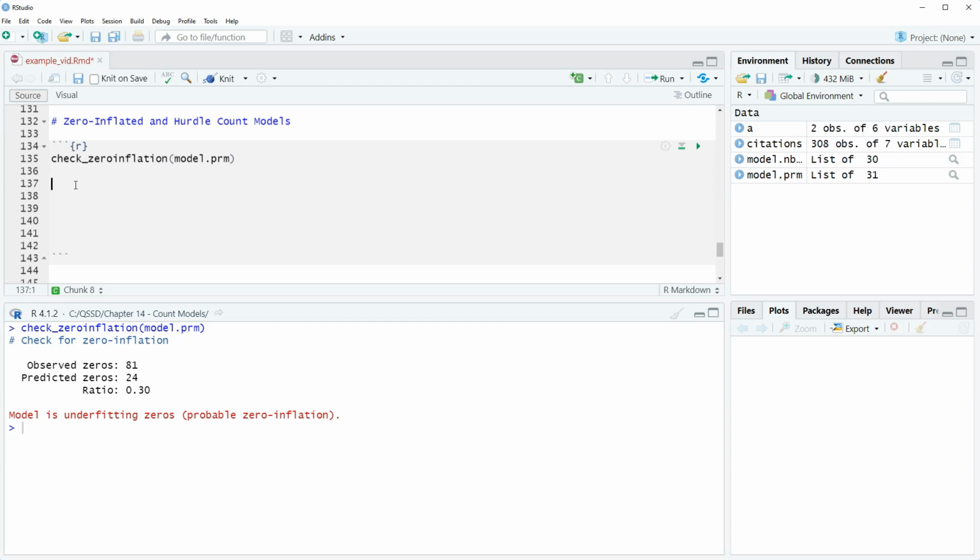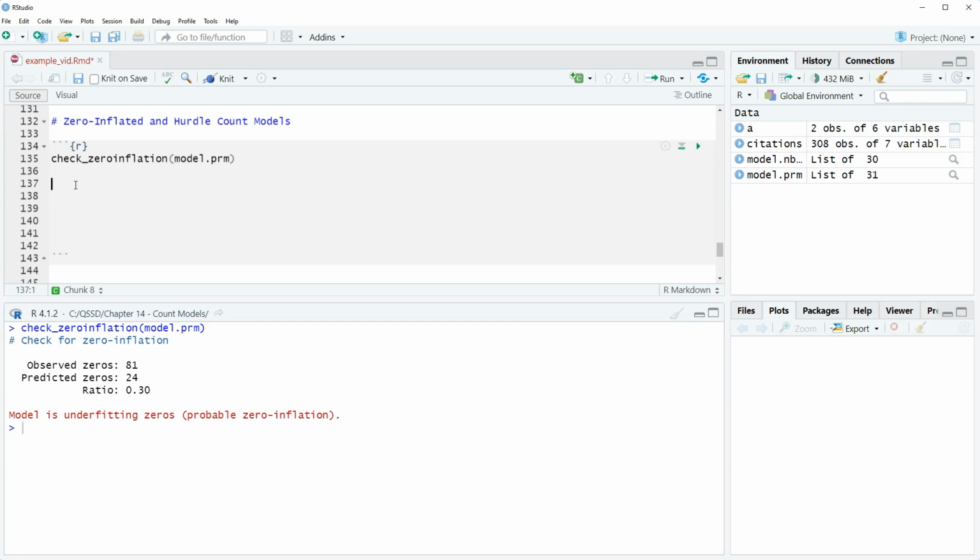The other problem that I've had with zero-inflated models is that the binary part of it is not always that clear. There's not great guidance of what to include.